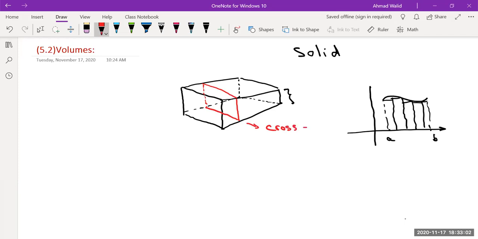A cross section, correct? This is my cross section. If I shape this cross section for you like this, and if I bring it outside, here, show it for you, turn it around like this.